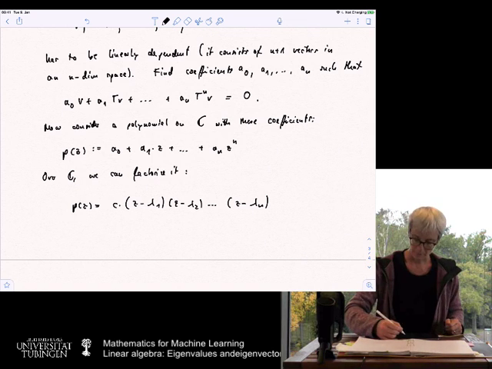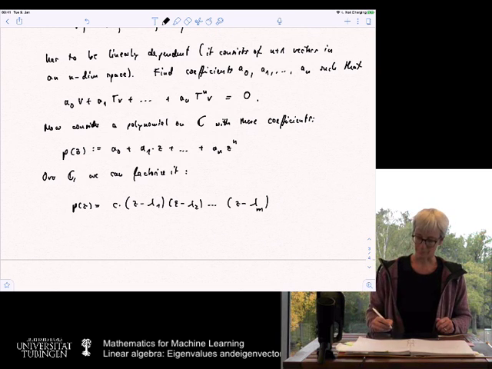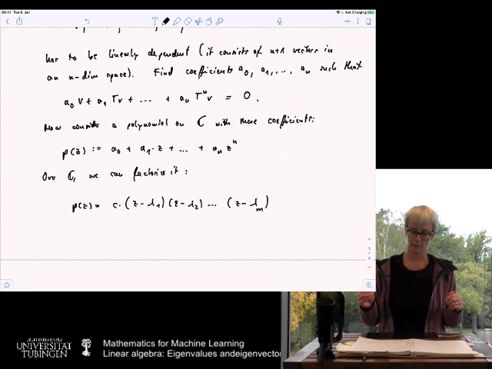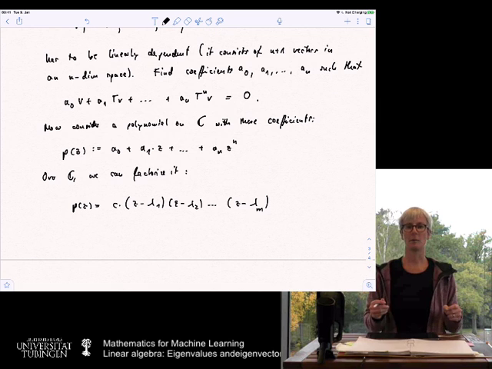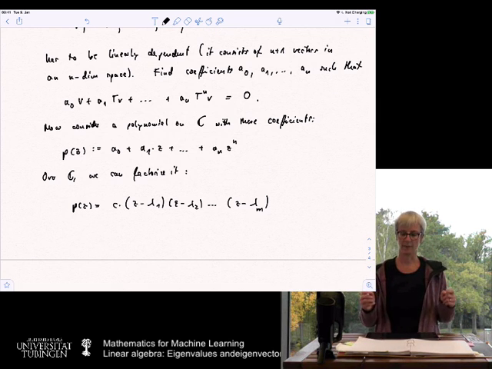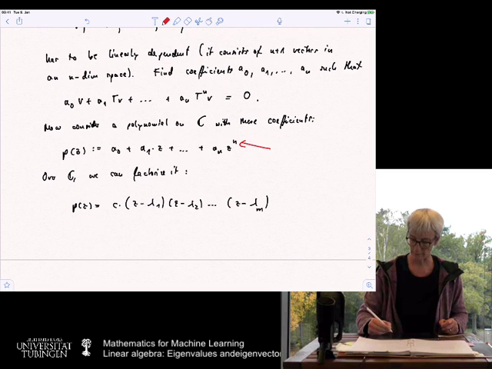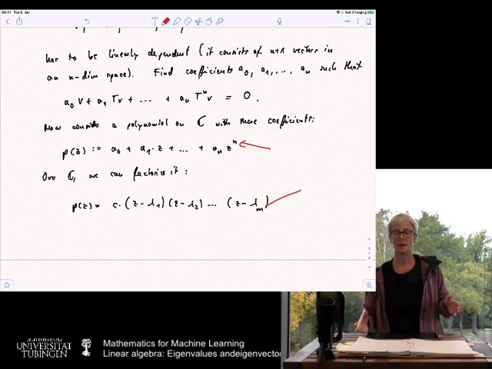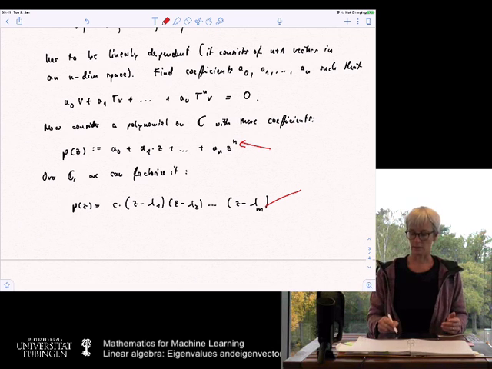Oh, hang on, I made a mistake. The number of factors at this point does not necessarily need to be n. n is the dimension of our space, and here the highest coefficient, let me denote it m, does not necessarily need to be n, because it could be, for example, that an here is 0.